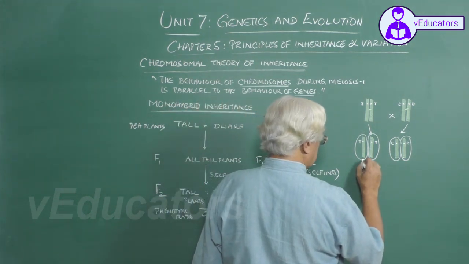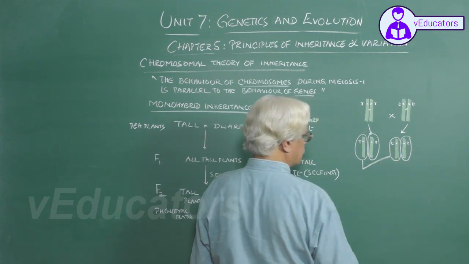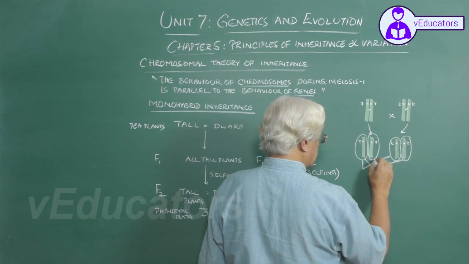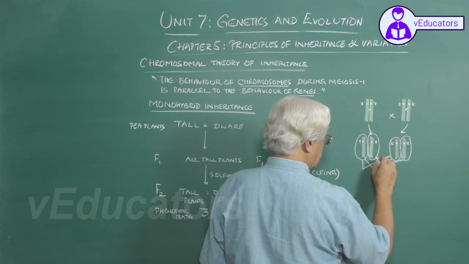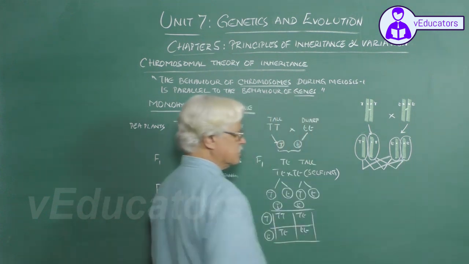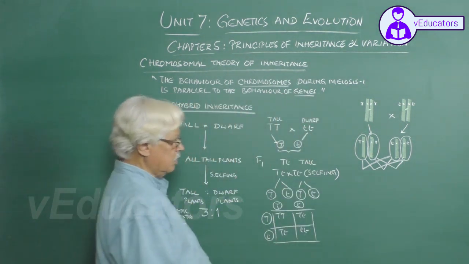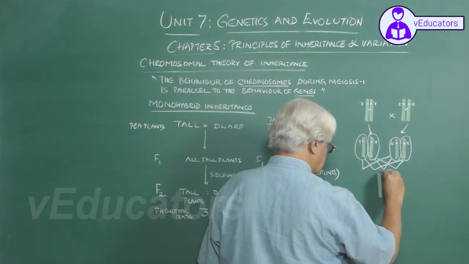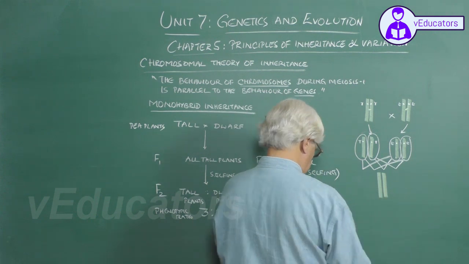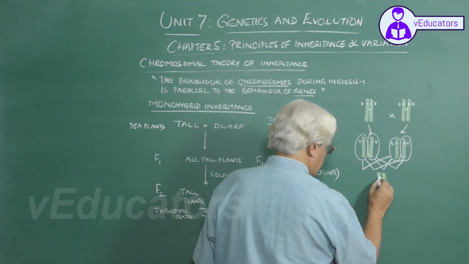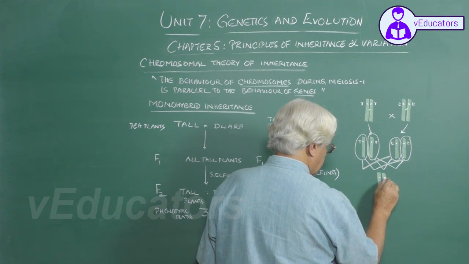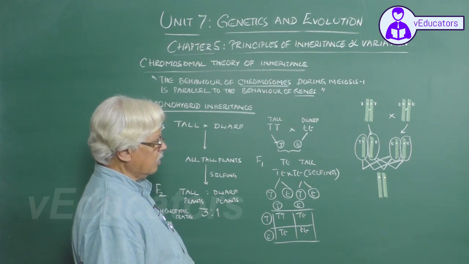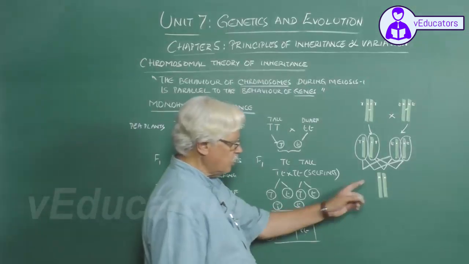It can be this with this, or this with this, this with this, or this with this. Any combination, all that you are going to get will be in the resulting zygote.